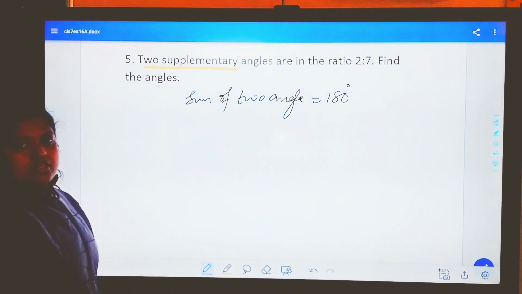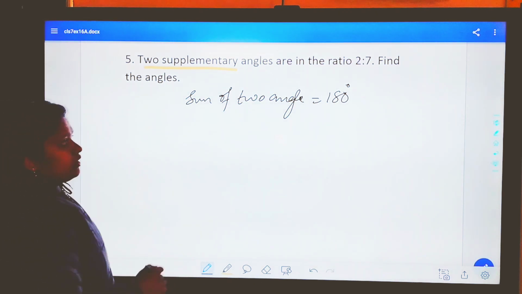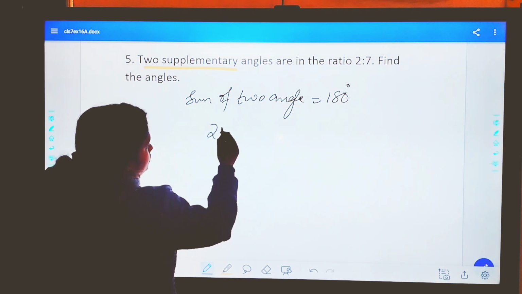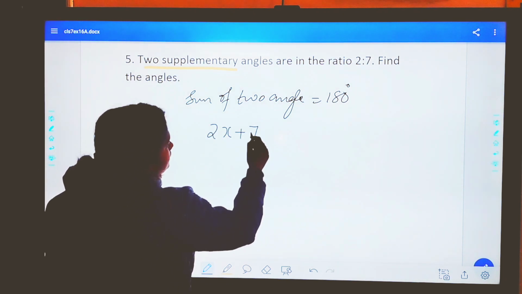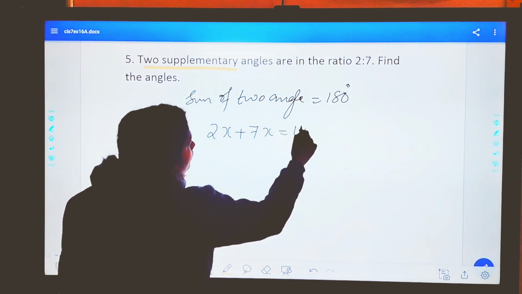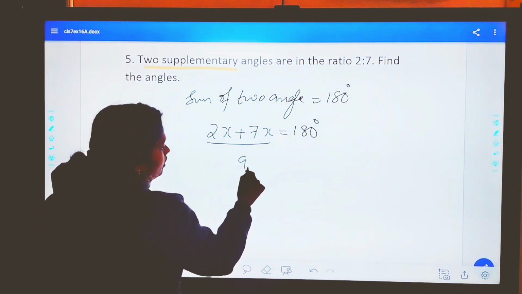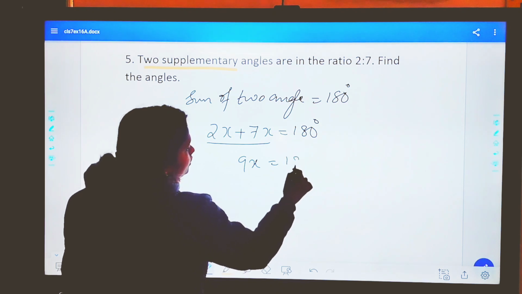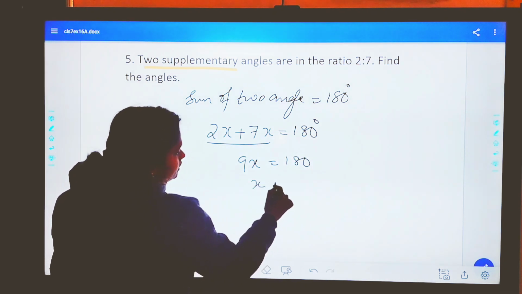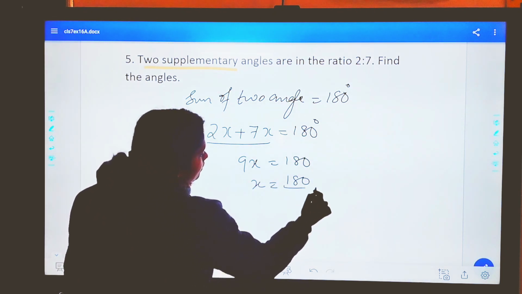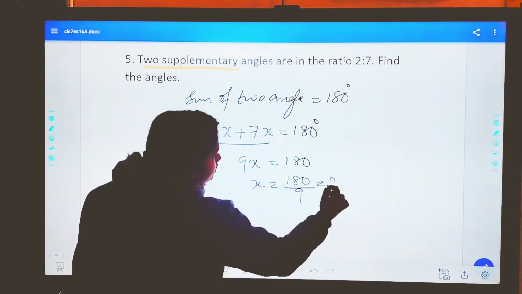Then the ratio is given 2:7. So we can write 2x plus 7x equal to 180 degrees. So 2x plus 7x equal to 9x, that is equal to 180. So x is equal to 180 upon 9 equal to 20.